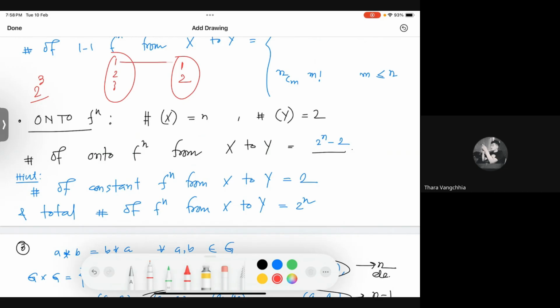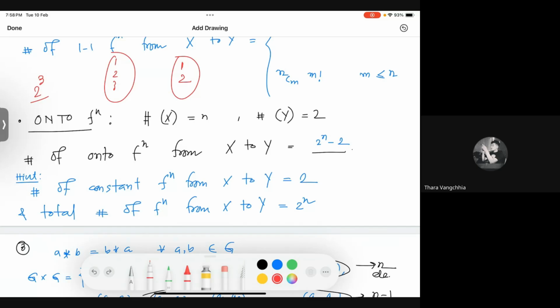If every element goes to 1, then the function is not onto. If every element goes to 2, then the function is not onto. So there are only two functions which are not onto.